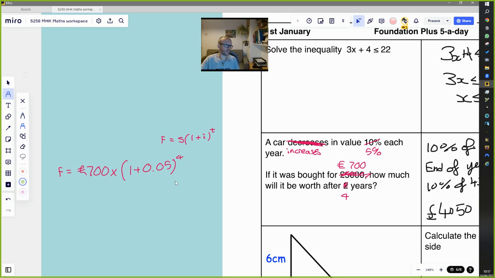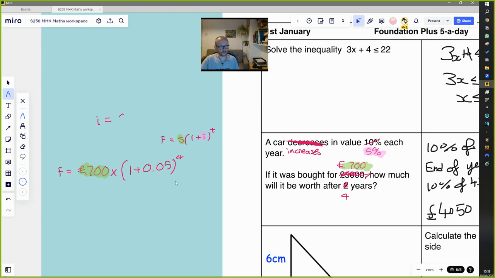So in other words, starting amount was 700. There it is in my working out. The percentage is 5. There it is. And I think I need to make that a little bit clearer by writing positive, not negative.